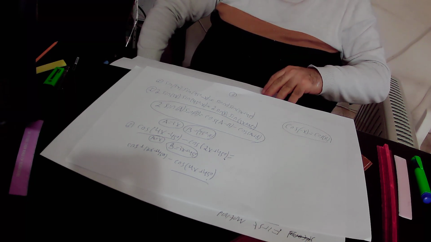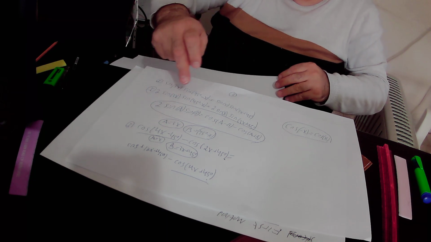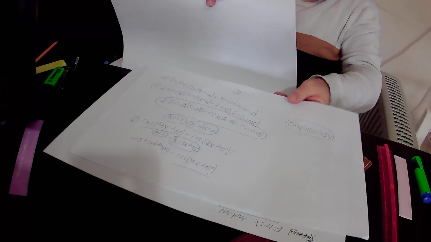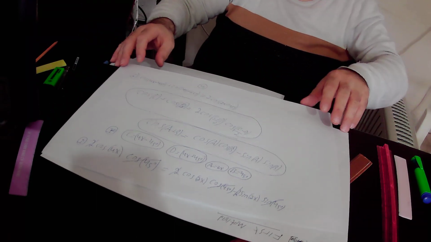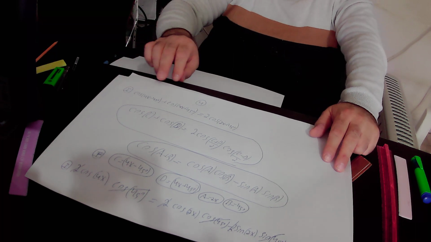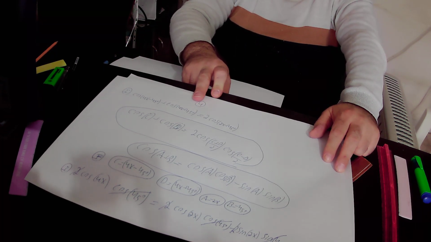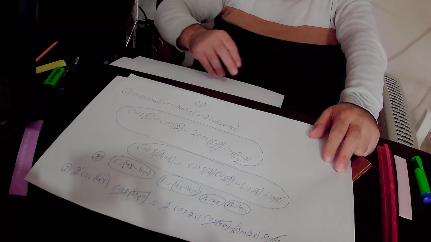Okay, then we arranged these expressions, and we got that cosine (4x minus 45 degrees) plus cosine (4x plus 45 degrees) equals 2 cosine (2x plus 45 degrees).